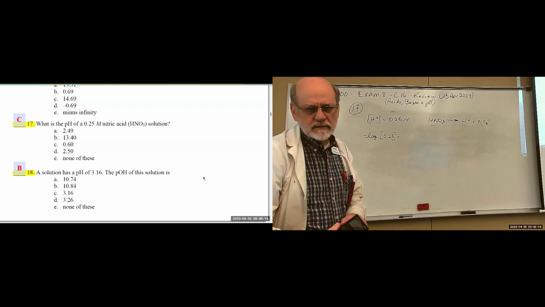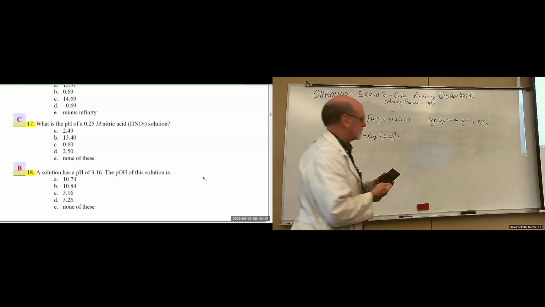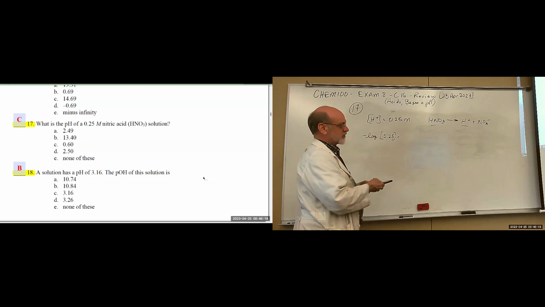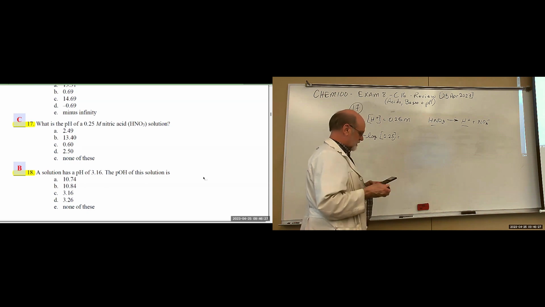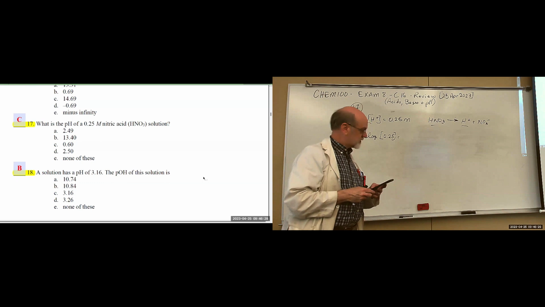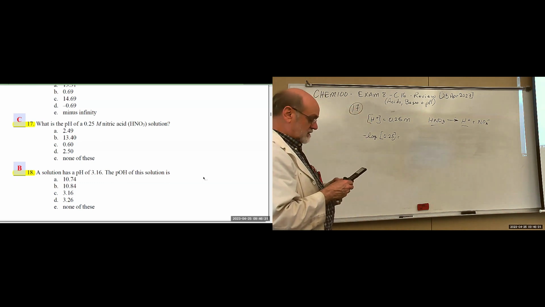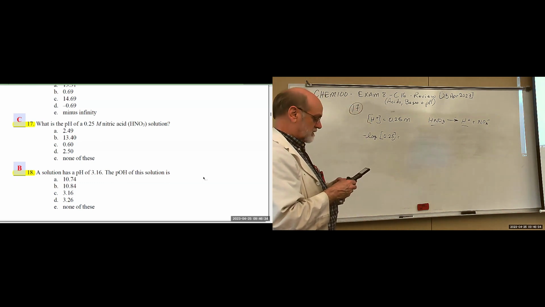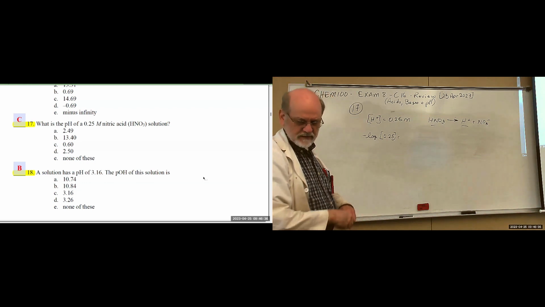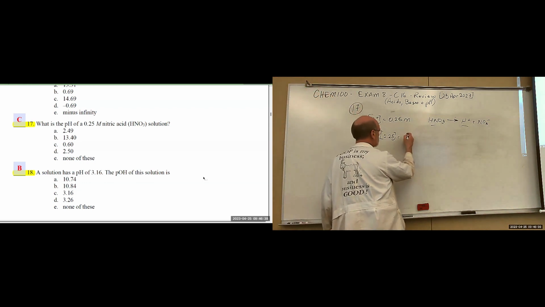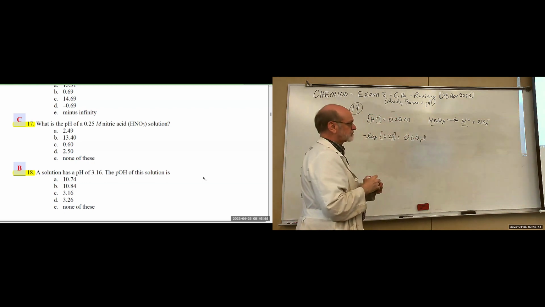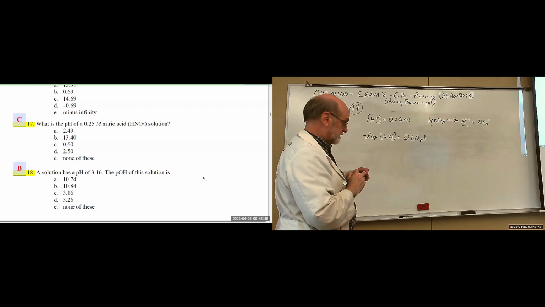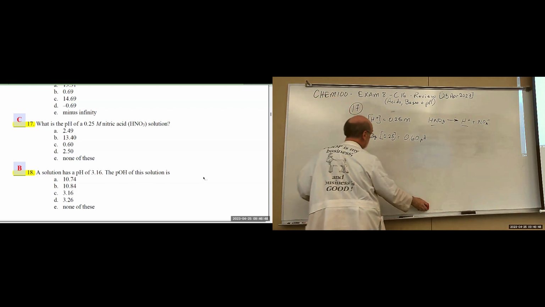Yes, I'm sorry, it asked for pH. I glanced at the next one and it threw me off a second. 0.25, take the log and change the sign. So that's 0.602. 0.60 pH. So that's C, the answer.